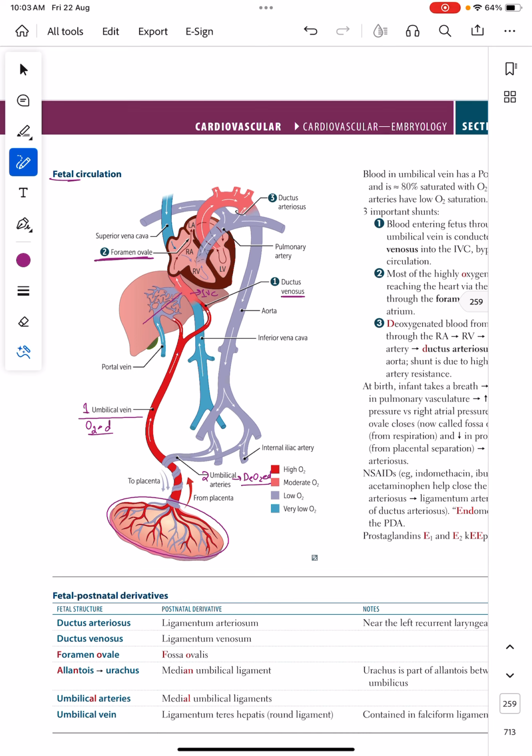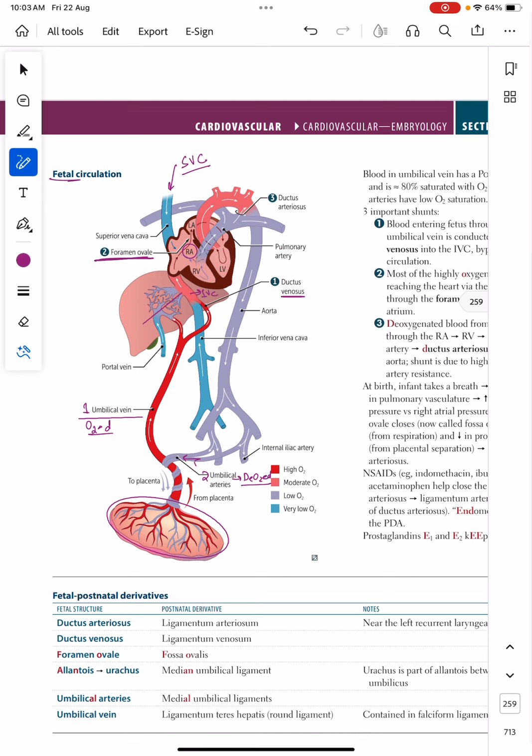And from here, the deoxygenated blood from the lower parts of the body and the rest of the body is collected through the umbilical arteries, and then it reaches the placenta again for oxygenation. And the blood from the superior vena cava is also deoxygenated, so it reaches the right atrium.